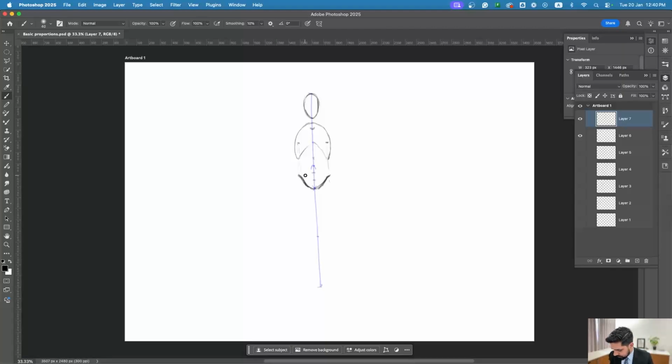Now, looking at this part, right? At this point, you can be accurate about it. So if this is the division, then we go a little down, and that's where you stop.